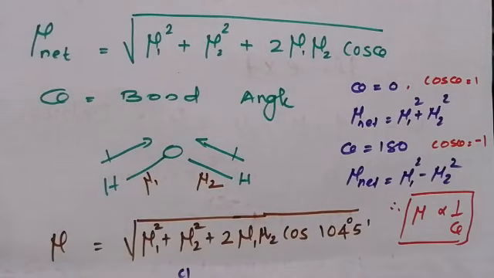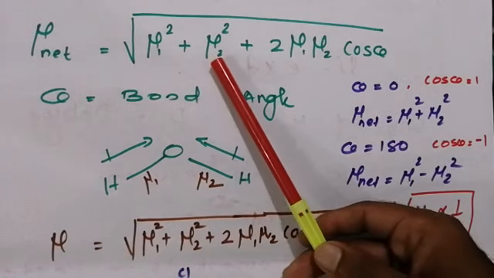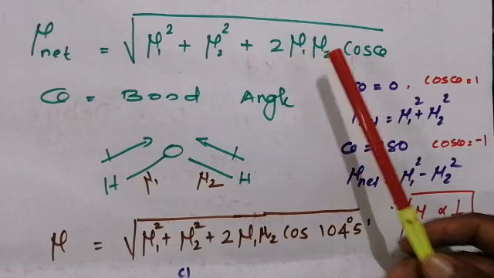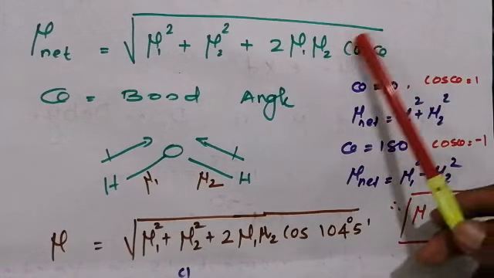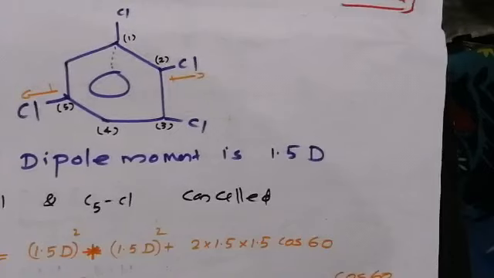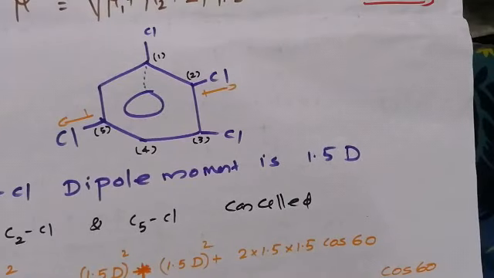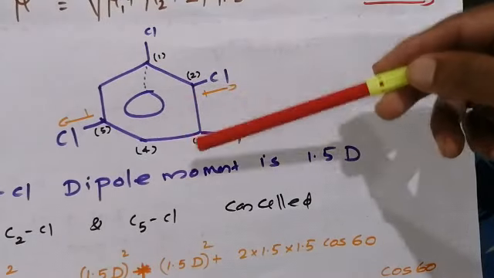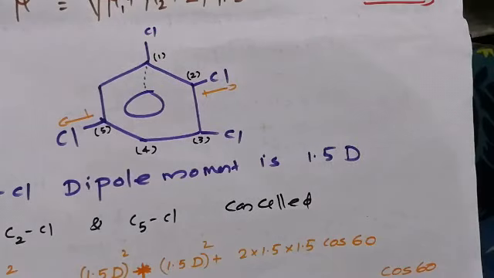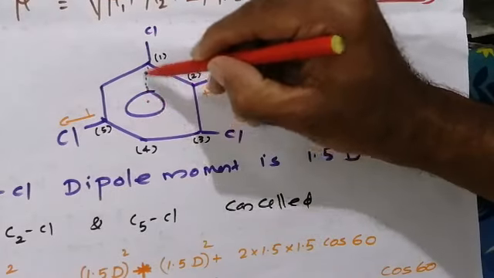Mu1 square plus mu2 square plus 2 mu1 mu2 cos theta. Here mu1 is 1.5 and mu2 is 1.5. Now only the cos theta is needed. Since we are calculating the dipole moment of these two bonds, look at their angle.